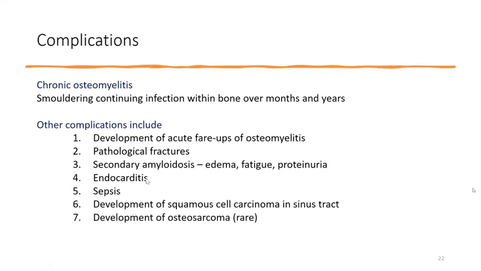These patients can develop infective endocarditis, sepsis, and sometimes with chronic osteomyelitis, a chronic wound can lead to squamous cell carcinoma in the sinus tract, and very rarely they can develop osteosarcoma as well. But if someone asks about the complications of acute or chronic osteomyelitis, don't tell osteosarcoma as the first cause, because it's a very rare thing. Just mention that there's a possibility of developing osteosarcoma in chronic osteomyelitis.